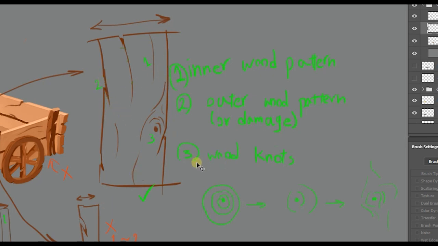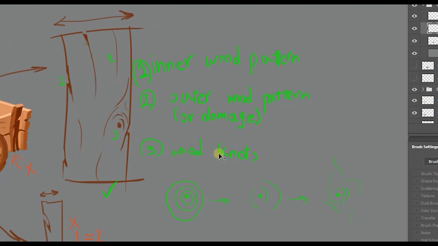And finally, wood knots. When you want to draw wood knots, avoid drawing several circles around the same center. Instead, try to draw a line like a river that is moving around a stone and passing it.